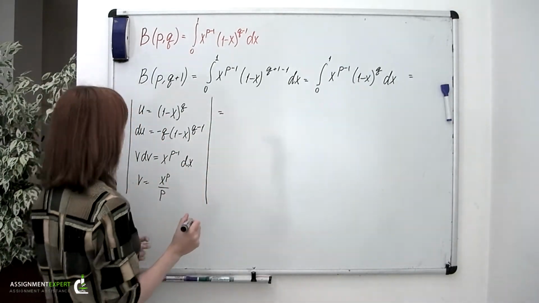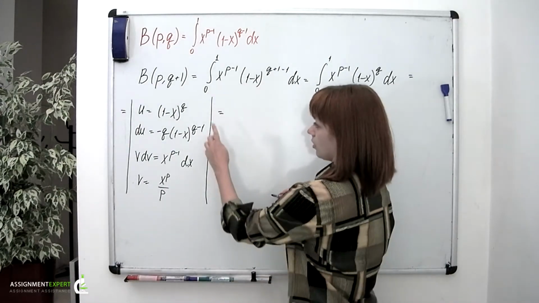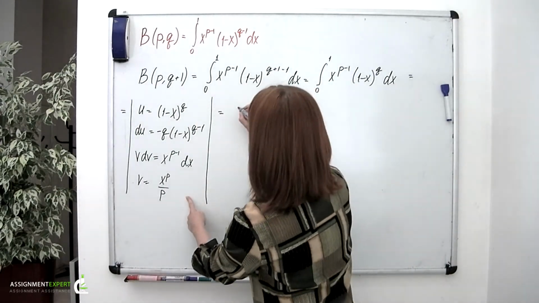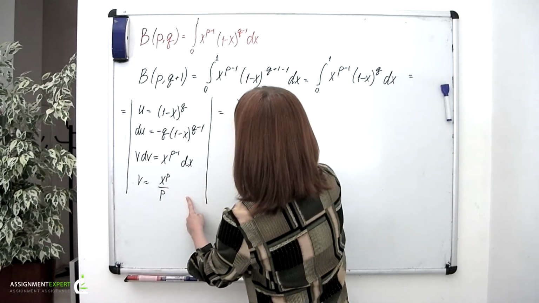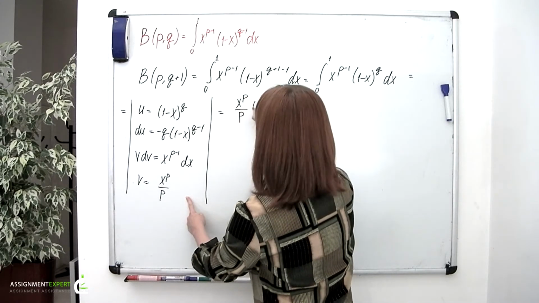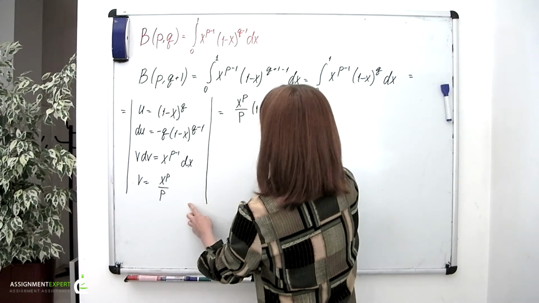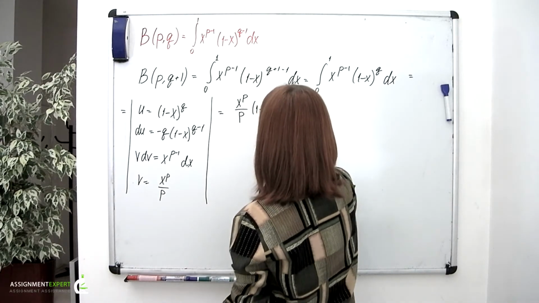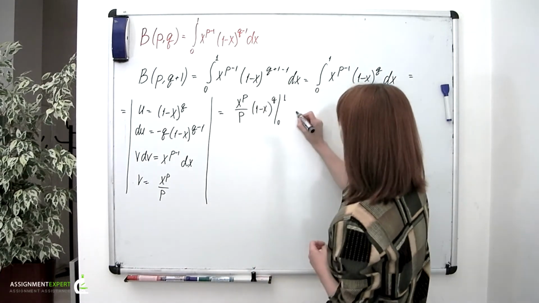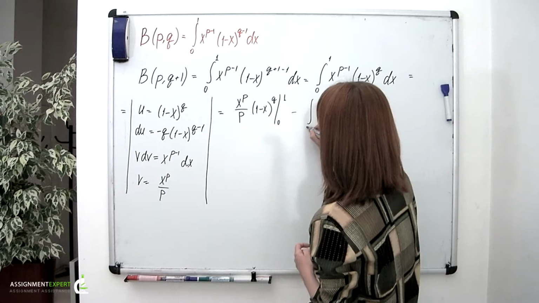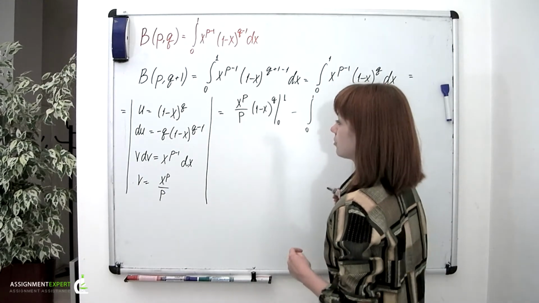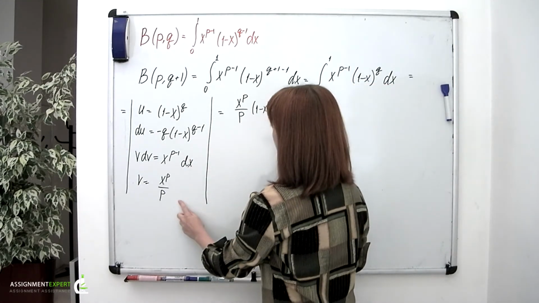Now according to the rule, we'd go u times v, so we have x to the p over p times 1 minus x to the q from 0 to 1, minus integral from 0 to 1 of du times v.